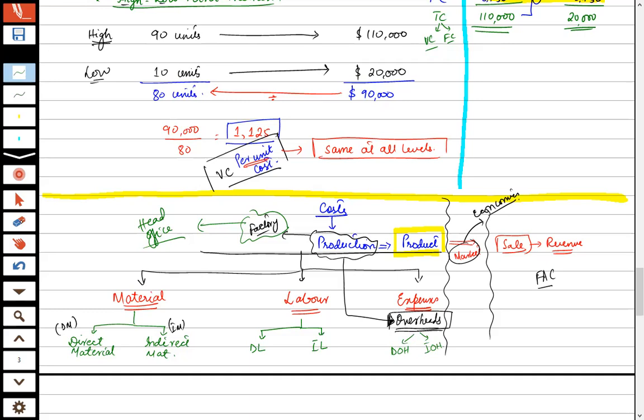Now, what is direct? The thing common in these three is the classification: one is direct, and the other is indirect.